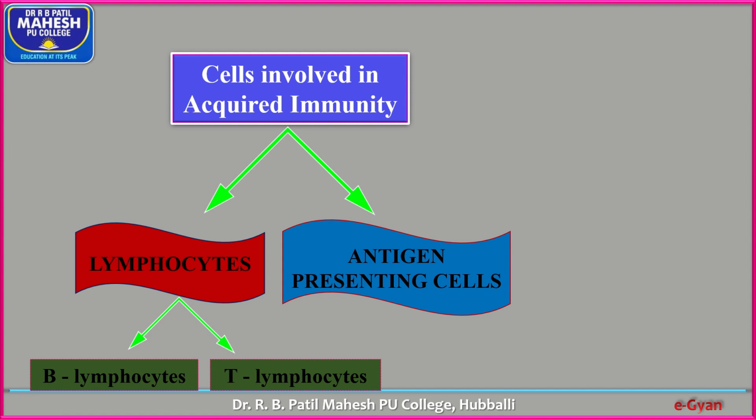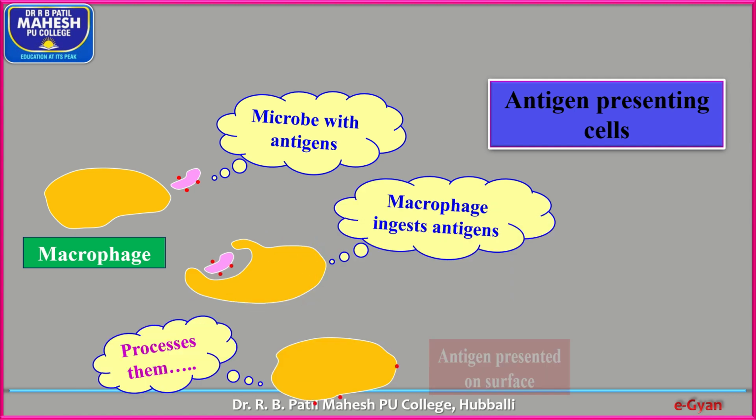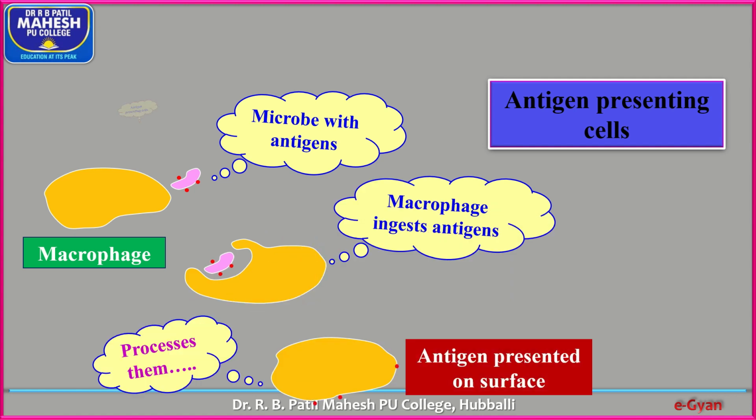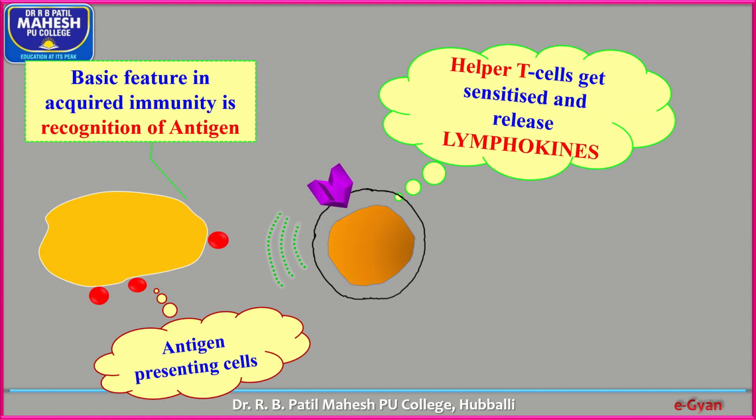The activated B and T cells proliferate and produce clones, and out of these two cells the B lymphocytes produce protective protein molecules, and those protective protein molecules are called antibodies.